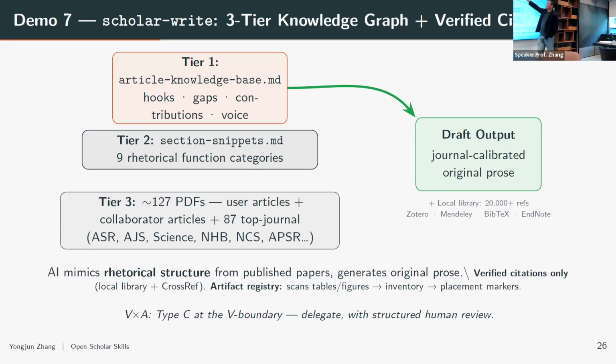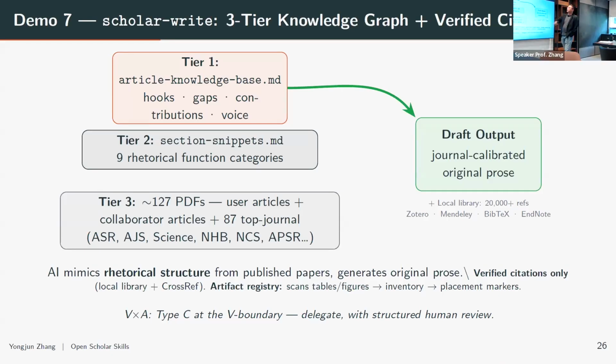So here, we go through these three tiers, right? We're building the article knowledge base. Check these top articles, you're trying to understand the fields, gaps, contributions, and you're trying to learn your voice, right? For me, I just feed my own articles to AI to learn.